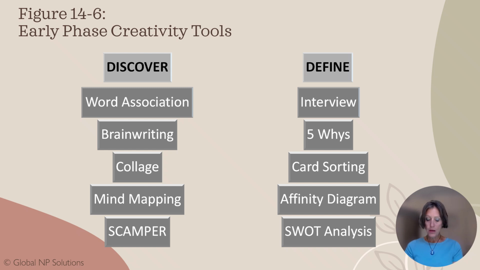Scamper. Using an existing product or technology, Scamper is an acronym that uses verbs to challenge current thinking about products or ideas. The letters in Scamper stand for substitute, combine, adapt, modify, put to another use, eliminate, and reverse.